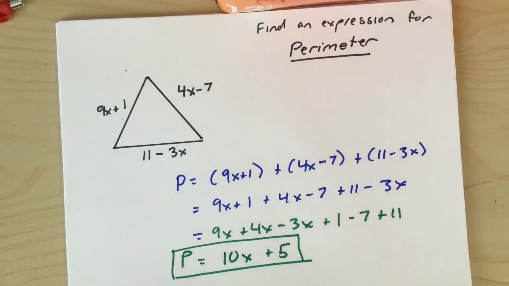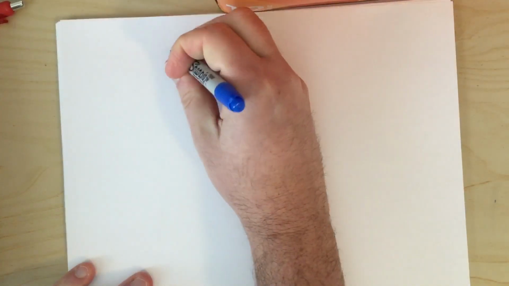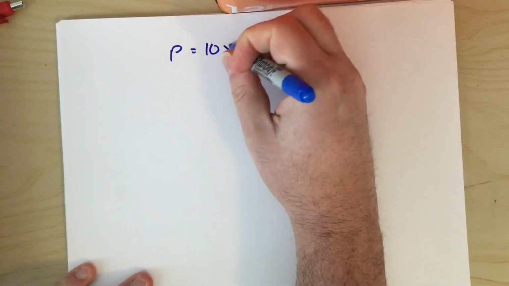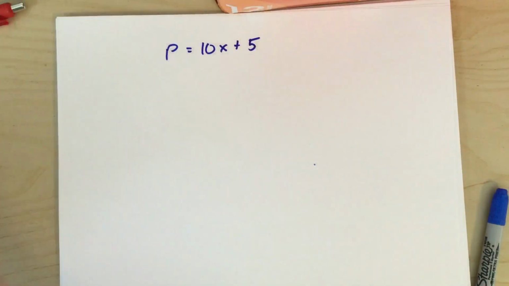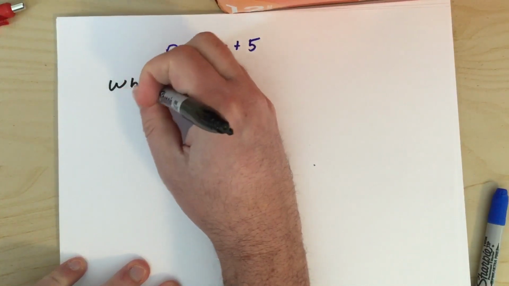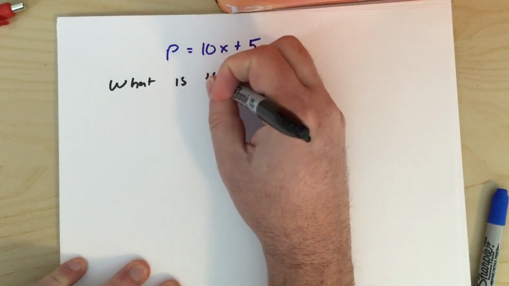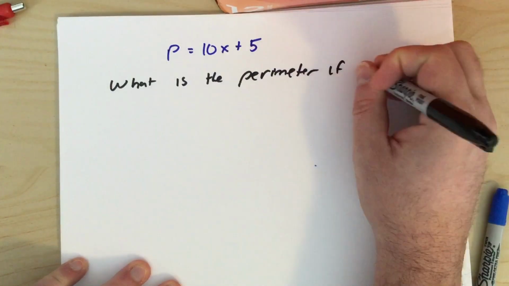Now what you could also do with that is you might ask, what is the perimeter? Let's do a follow-up question on that. We know that the perimeter is 10x plus 5. One question you might get is, what is the perimeter if x equals 3?